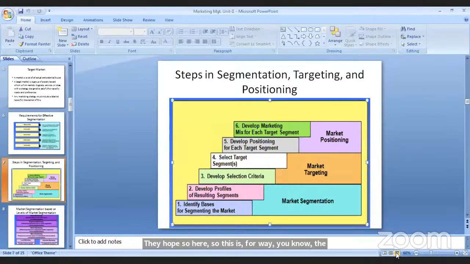That's why called niche groups, and the marketing which is developed for these short groups, that was called niche marketing.